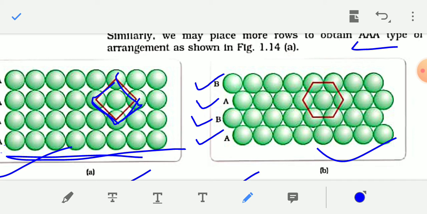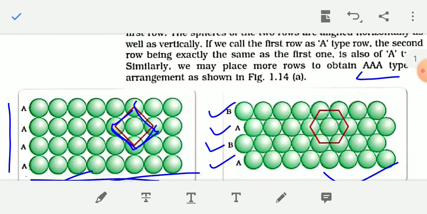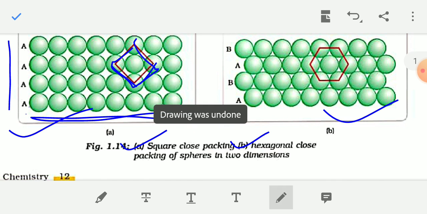So the first layer is A type, the second layer is B type, the third layer is also A type, the fourth layer is also B type, and the fifth layer is also A type, like this. So it is an ABAB type arrangement. And how this two dimensional hexagonal close packing is obtained from one dimensional close packing is explained here.